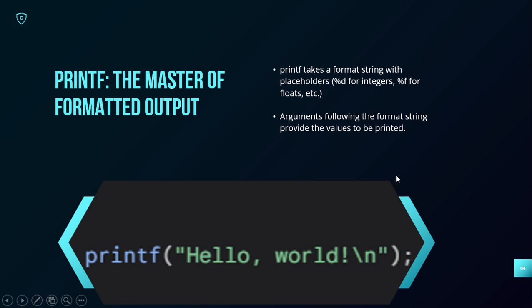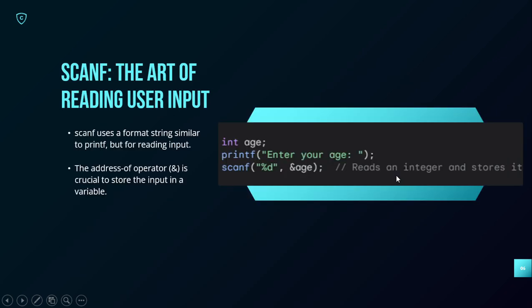Next up, we have scanf, the basic input function of C programming language, the art of reading user input. Scanf uses a format string similar to printf, but for reading input. The address-of operator, ampersand, is crucial to store the input in a variable.